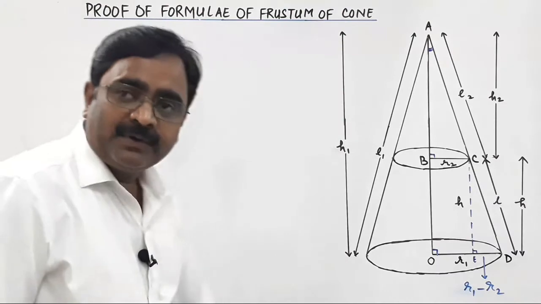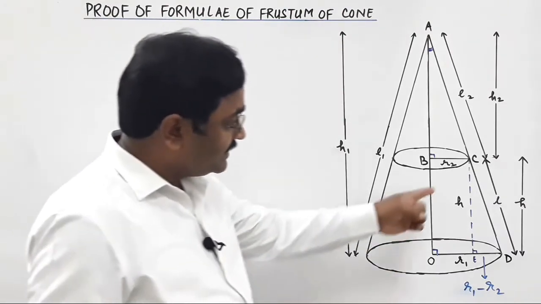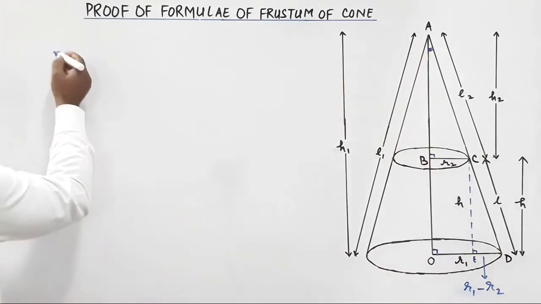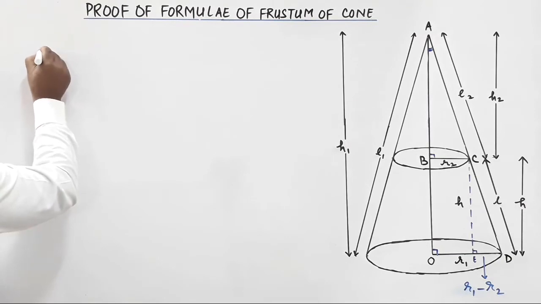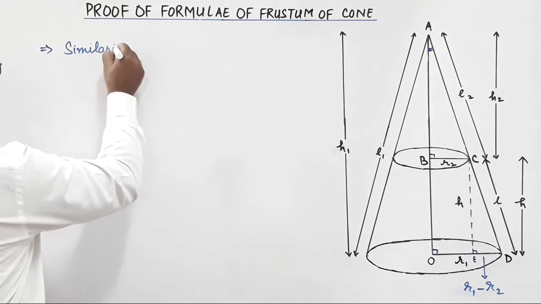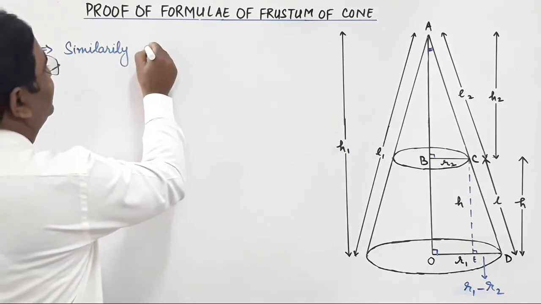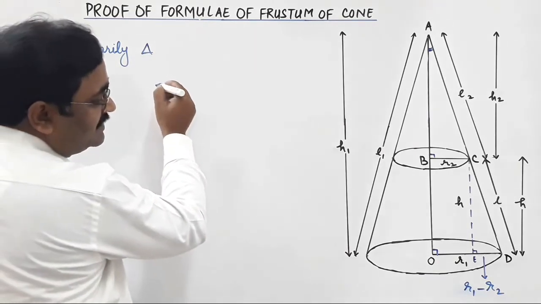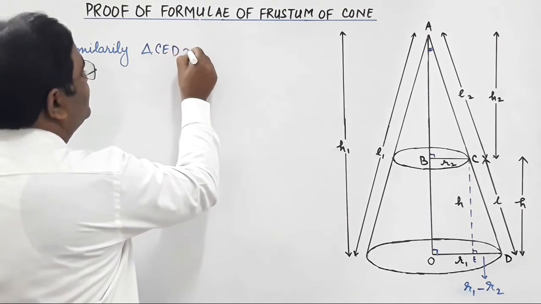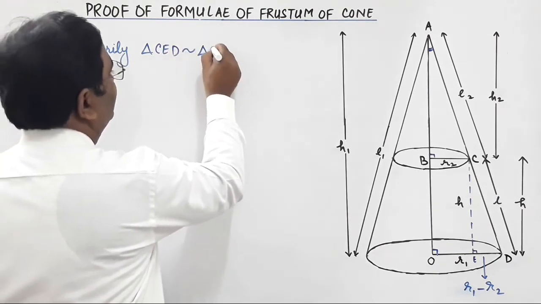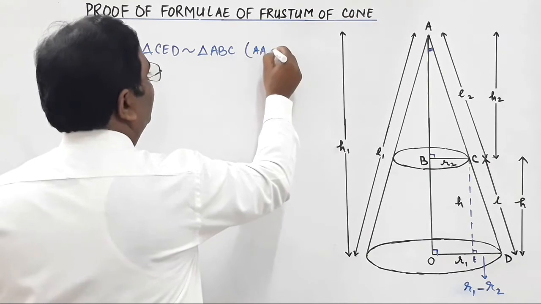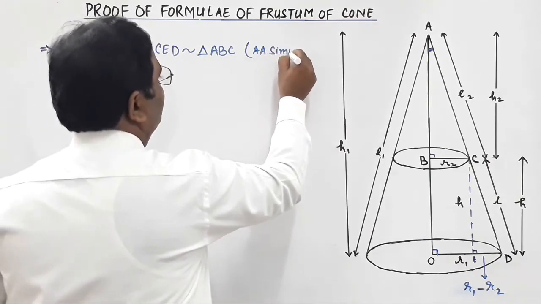Okay friends, so similarly we can say that triangle CED is also similar to triangle ABC, with the same angle similarity condition.